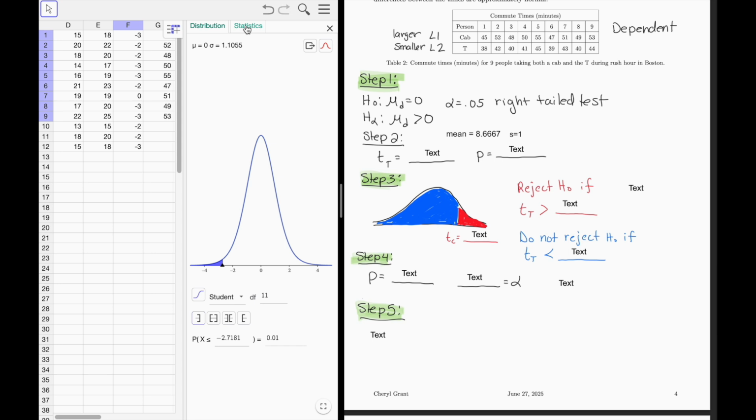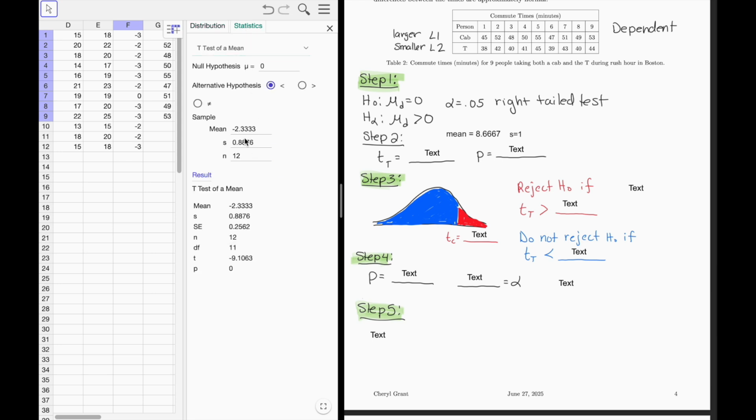I'm going to choose my statistics tab. We're doing a t-test on the differences. My null hypothesis is mu d is equal to 0. We're doing a right-tailed test, so I want to choose this greater than symbol for our option. And I'm going to put in that our mean is 8.6667, our standard deviation is 1, and our sample size is 9.